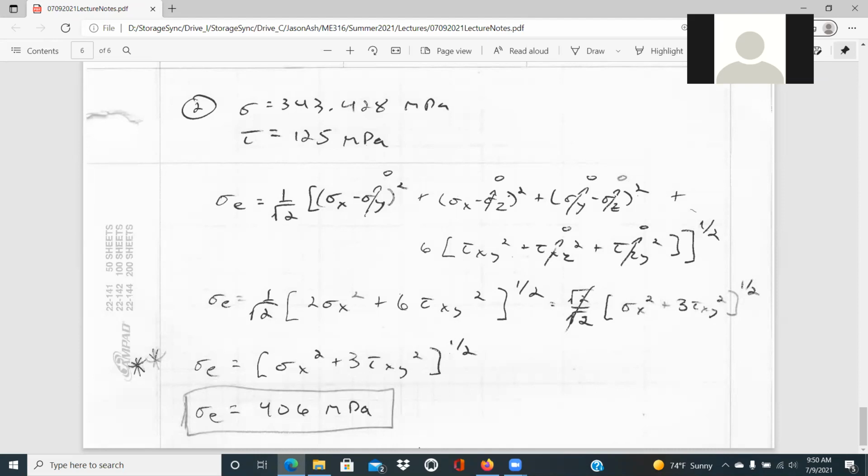When we did the problems here today, it wasn't too difficult to keep track of those. But when you start dealing with 3D space and situations where you have a bending moment, torsional shear stresses, axial loadings, transverse shear stresses, it gets really confusing to keep track of those like we did here today.